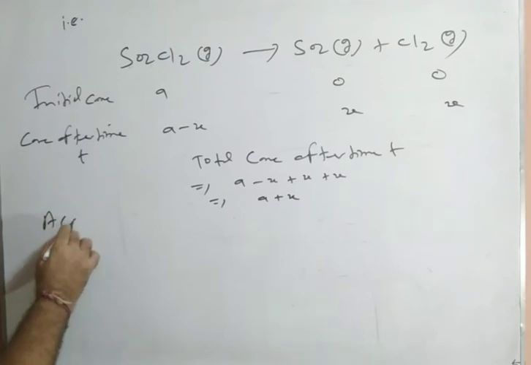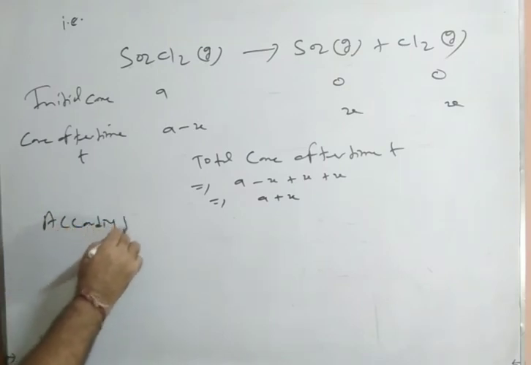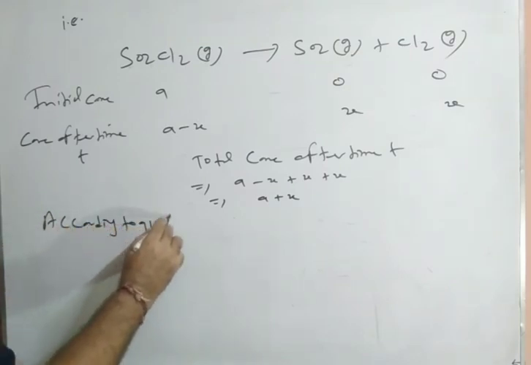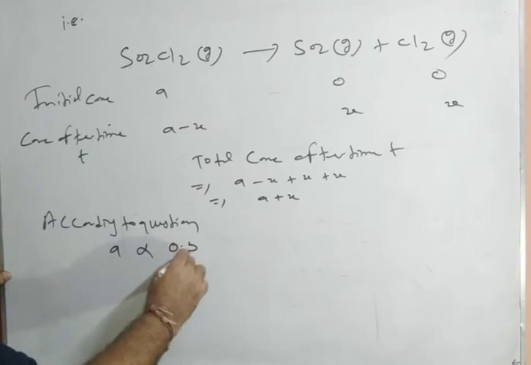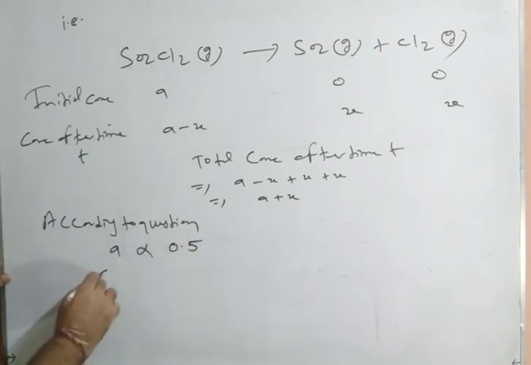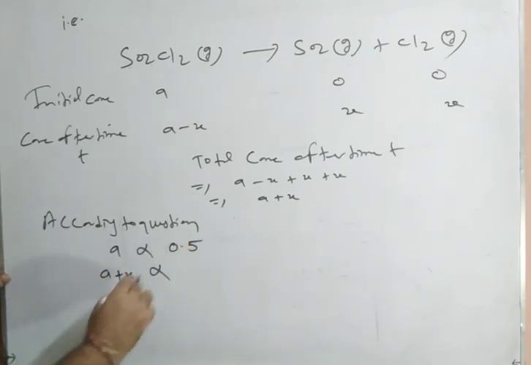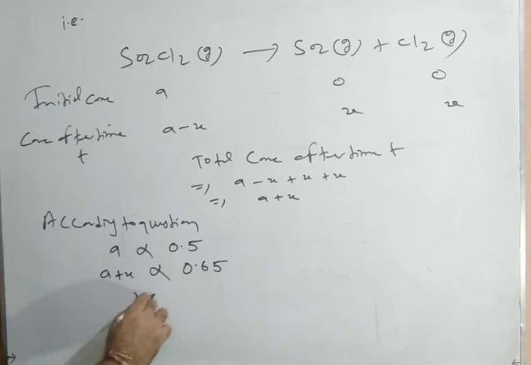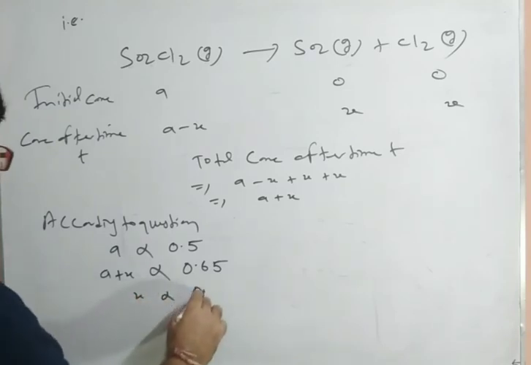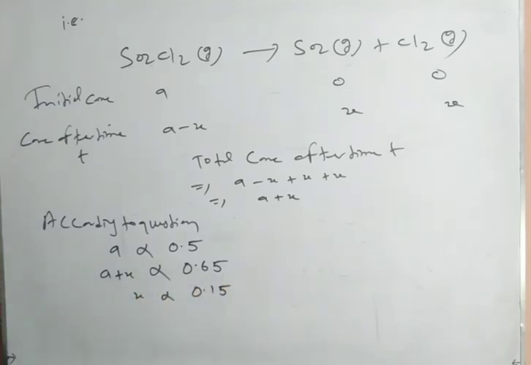According to the question, a proportional to 0.5. a plus x proportional to, according to the question, 0.65. Therefore, x proportional to 0.15.